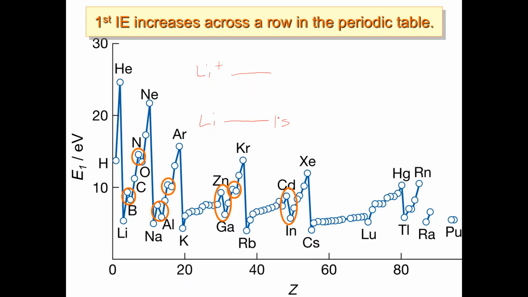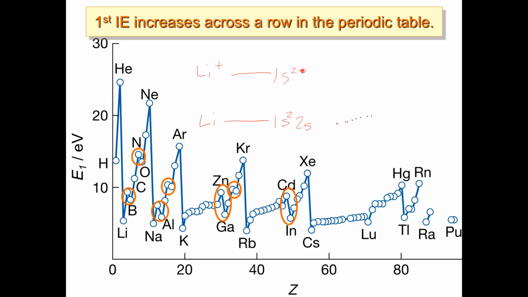We're going to have to do the whole thing: 1s2, 2s, and then 1s2. So it's just losing that 2s electron. And that's a pretty big gap in lithium.